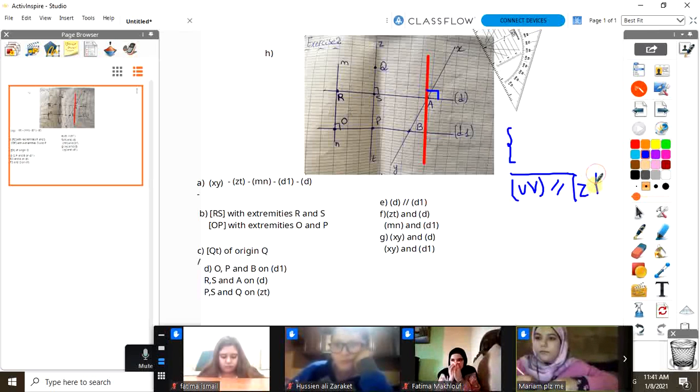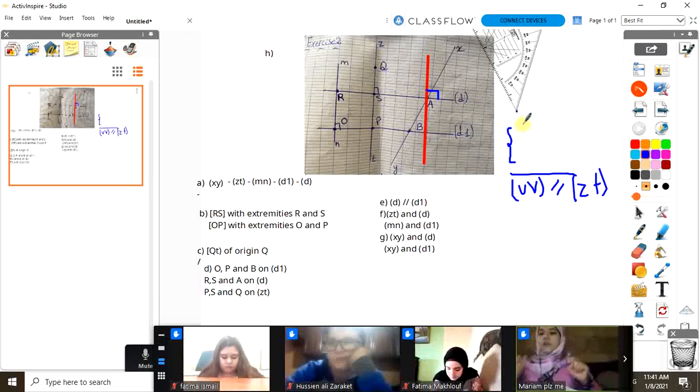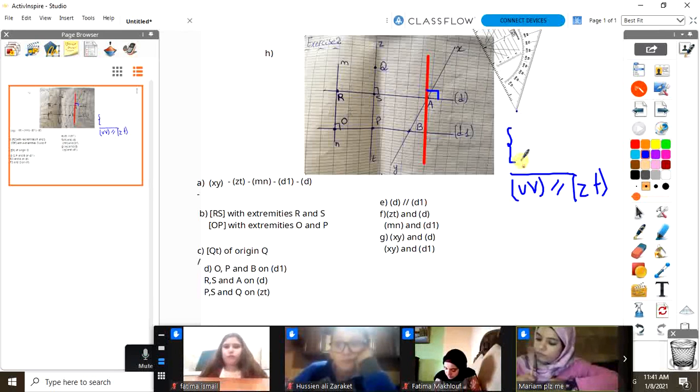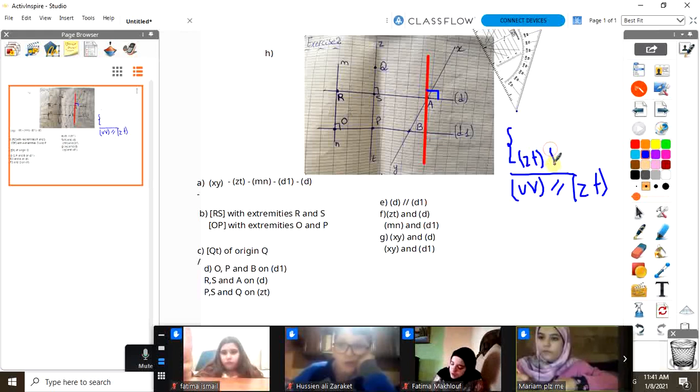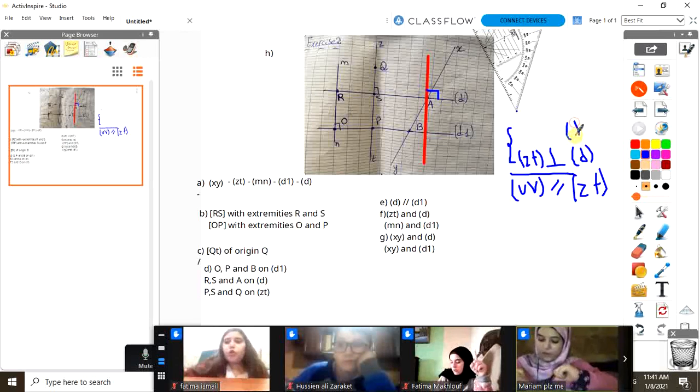Very good. ZT perpendicular to D. And also UV perpendicular to D. Very good. This is the symbolic writing. Don't forget it. Now I want to write the rule. I will write the symbolic writing, then I will write the rule.